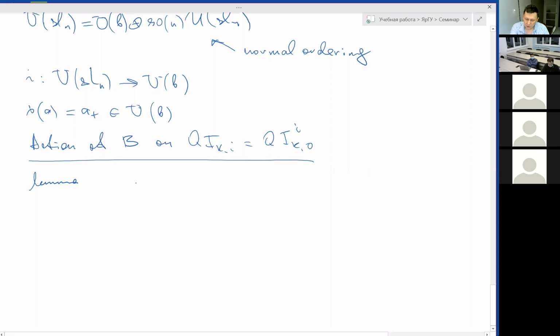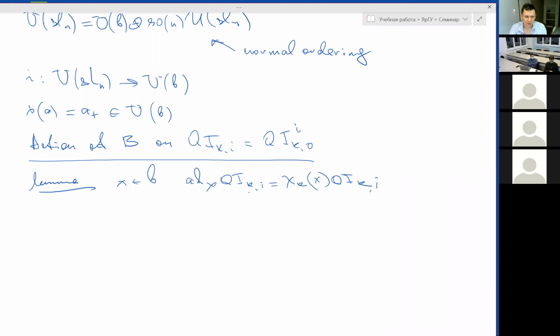Let X be an element of the Borel Lie subalgebra, and then its action on Q_i k_i is some character X of Q_k_i. This character depends only on the first index. So it gives some idea of homogeneity of such generators.